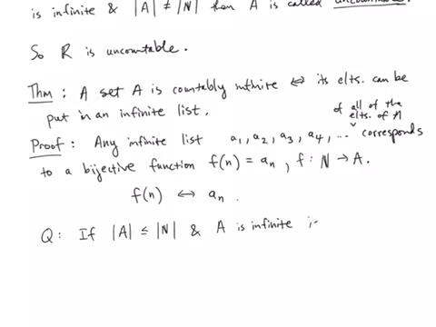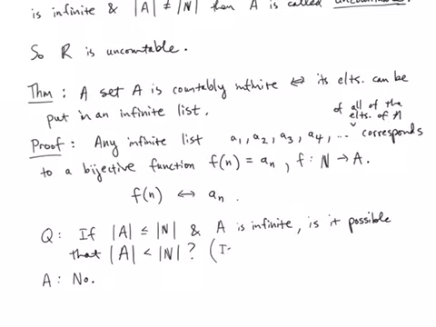So the question is, is it possible that A is actually of strictly less cardinality than the natural numbers? And the answer is no. Another way to frame the question is: is the cardinality of the natural numbers the smallest infinity?